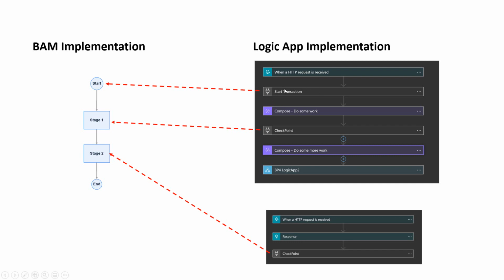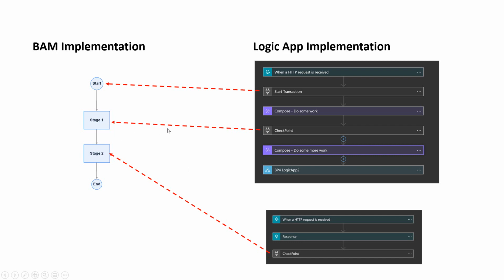We can pass that to the second logic app either as a property in a message body, if perhaps we're flowing JSON between the two, or we can set a header that the second logic app can then use to call the checkpoint, and that'll make those link together.